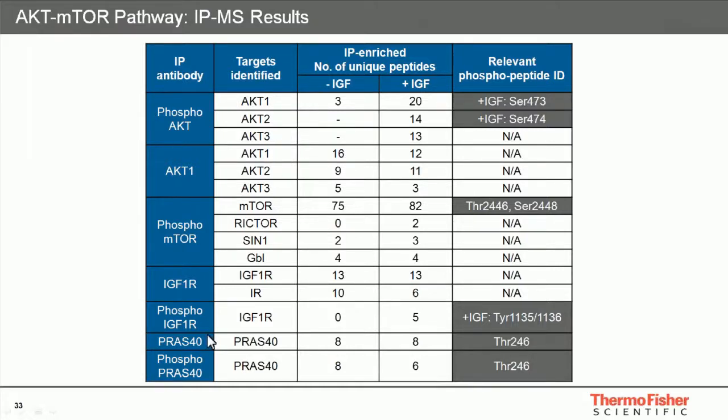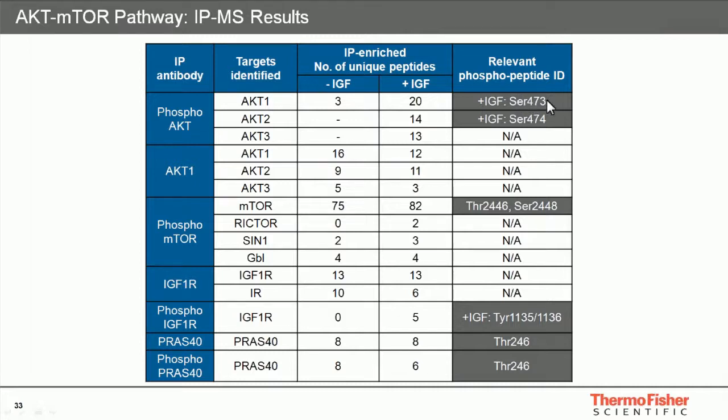In phospho AKT and phospho IGF-1R, you only identify AKT unique peptides after IGF stimulation. And it is known that after IGF stimulation, this protein gets phosphorylated and its expression goes higher.